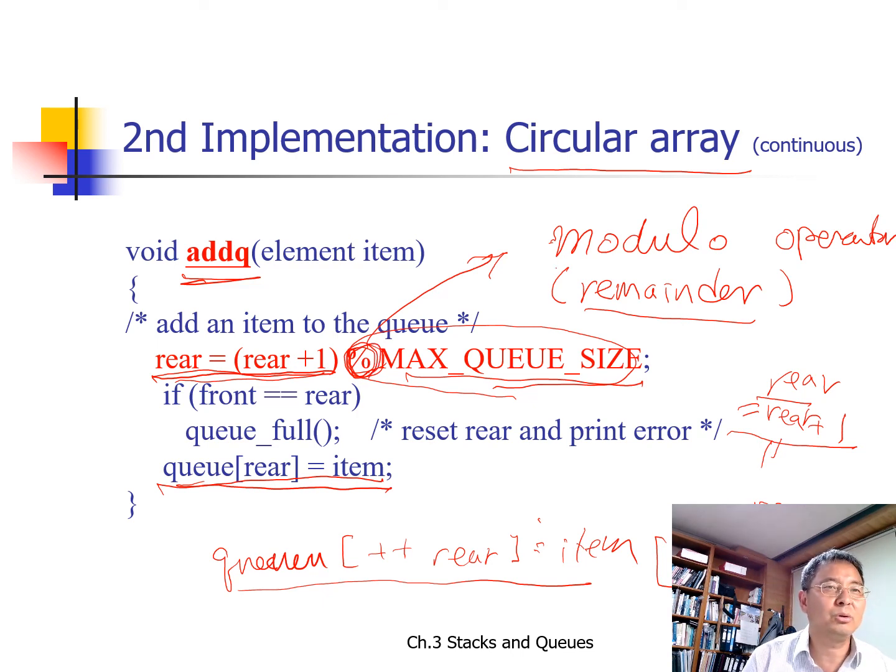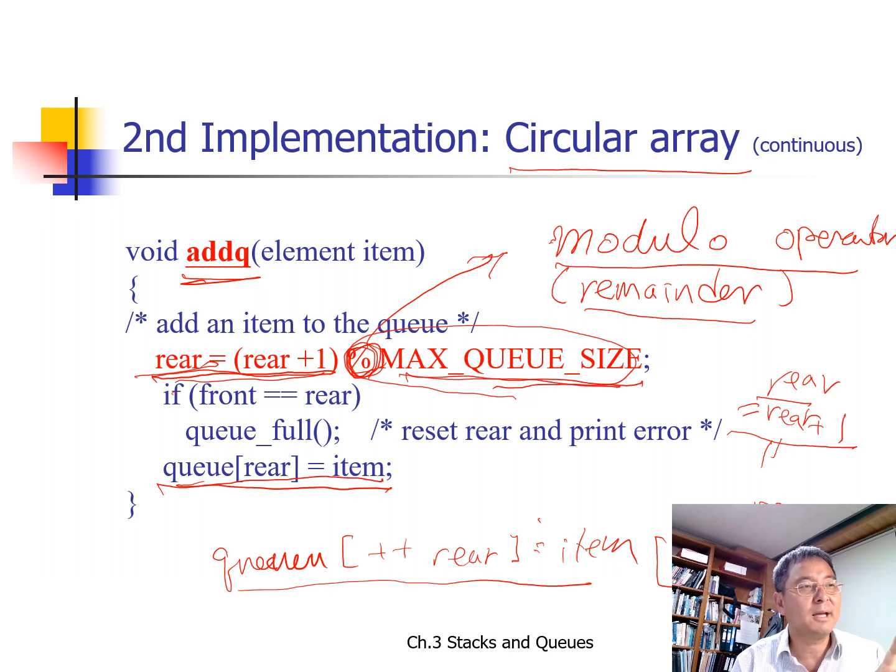If you use the modulo operator, then rear gets 0 if rear + 1 is equal to max queue size. Then the value becomes zero, so it will go back to the 0 point again. That makes a circle, so it is called a circular array.